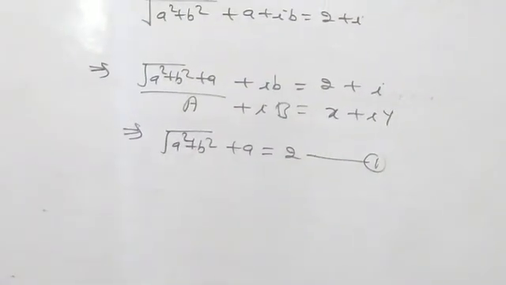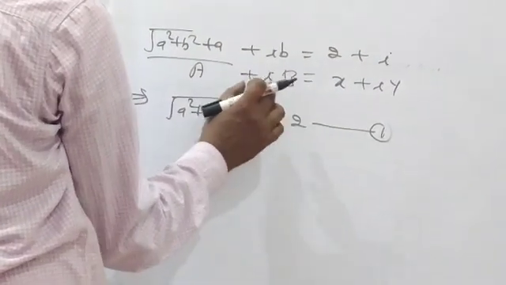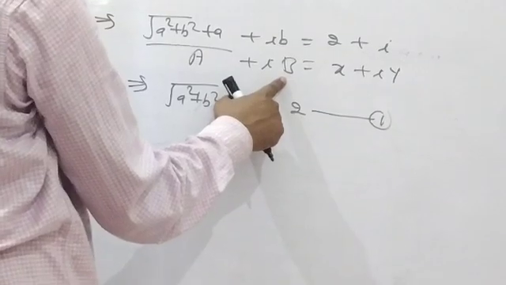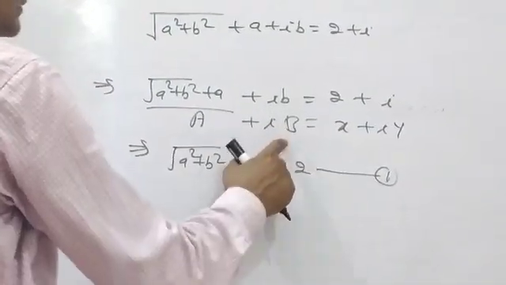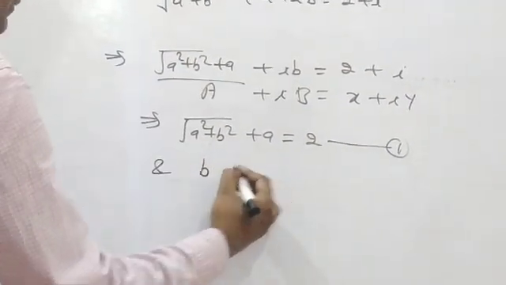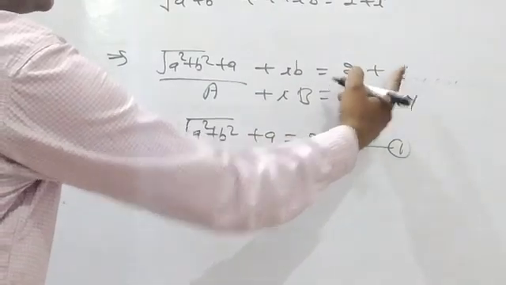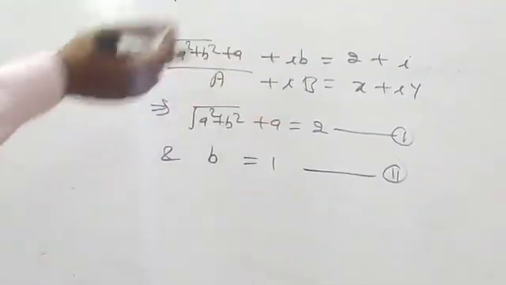Any doubt? Good. Now compare the imaginary part of the first complex number to the imaginary part of the second complex number, that is b is equal to 1. Therefore b is equal to 1, equation number 2. Clear?